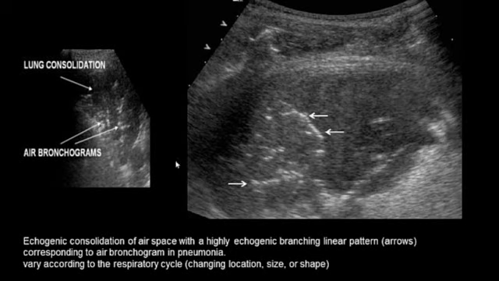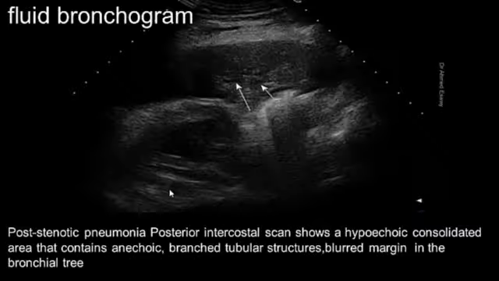This varies according to the respiratory cycle, changing location, size, and shape, with inspiration and expiration. It is very important: the air bronchogram is not fixed in position, it moves on the screen.